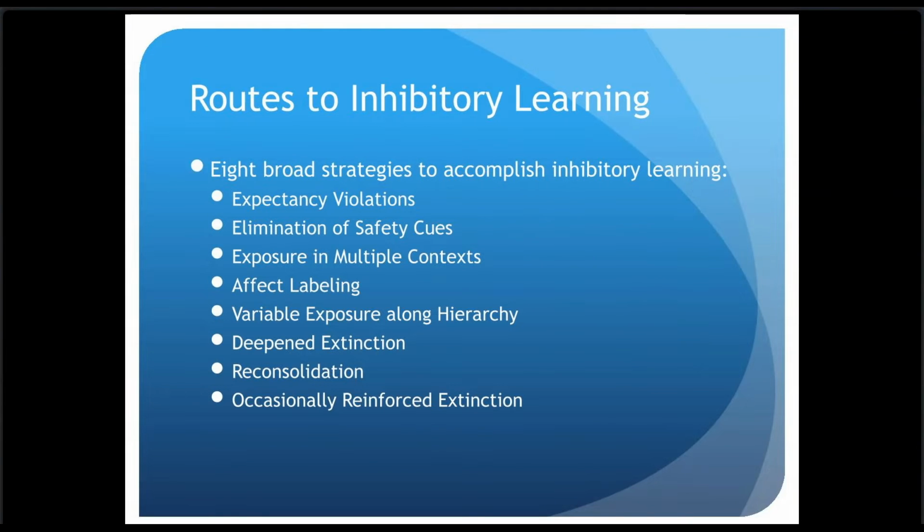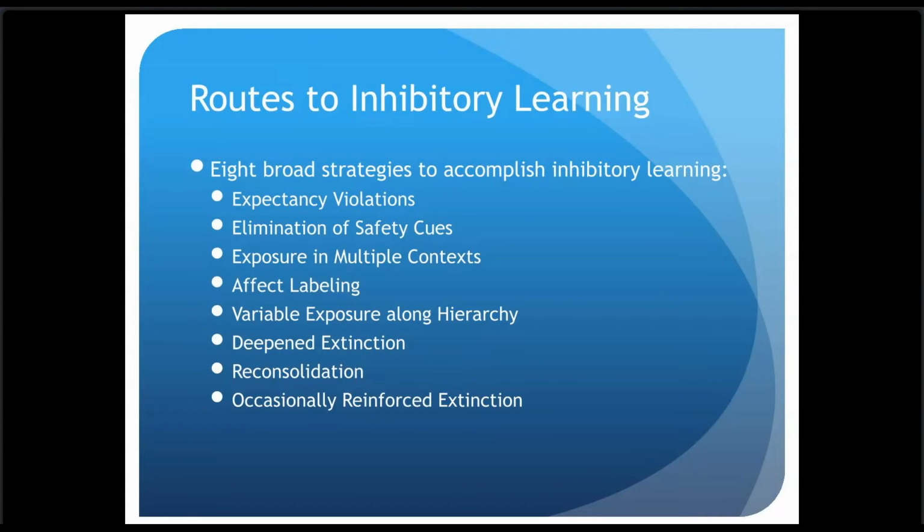So the routes to inhibitory learning. This is a little like foreshadowing. Here are the various elements of inhibitory learning that we are going to approach. So one is expectancy violations. There's elimination of safety cues. There's exposure in multiple contexts.